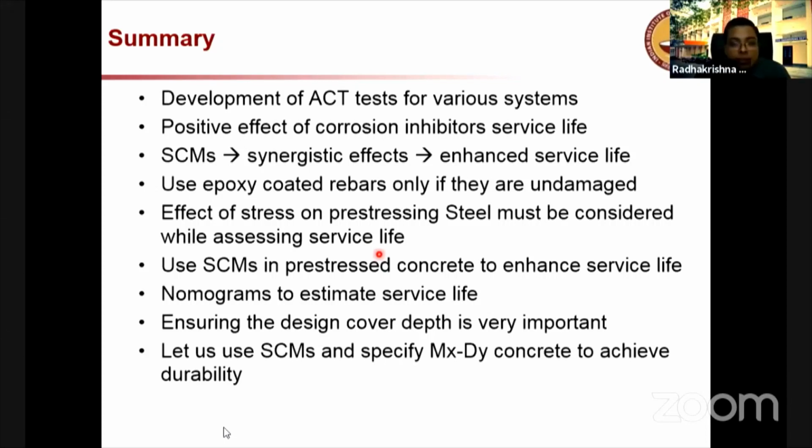But very recently we found, and it's also widely reported in literature, that when you have coated rebars in place and there is very little corrosion, it affects the bond strength significantly. So the concept that a little bit of corrosion enhances the bond strength is only valid for uncoated rebars. It's not valid for coated rebars. For coated rebars, you see a drastic change, about 50 to 70% reduction in the bond strength as soon as the corrosion starts.